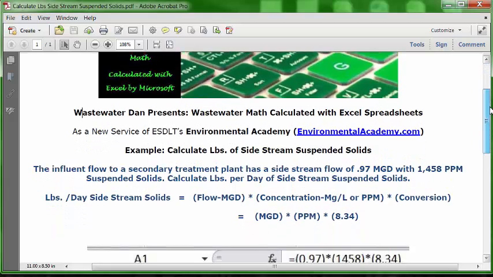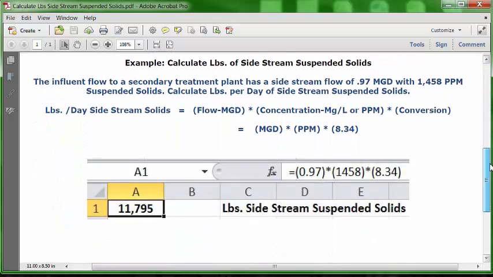So let's go down and look at an Excel spreadsheet, and let's just see how this would fit in a spreadsheet. So I would open up a blank spreadsheet. In cell A1, I would type the description of the answer, which is pounds of side stream suspended solids.